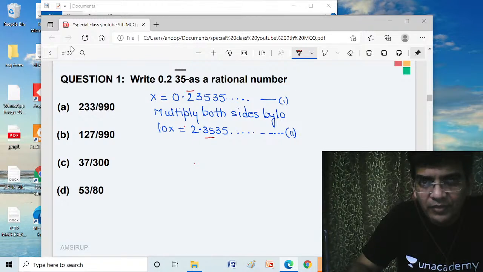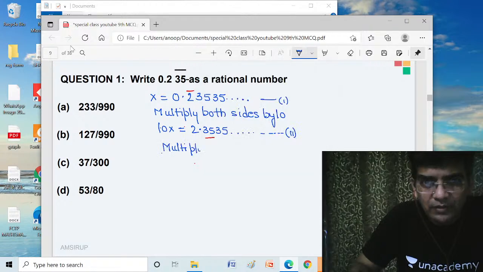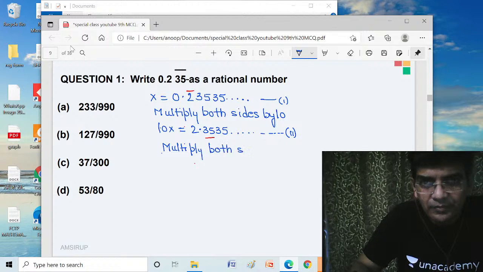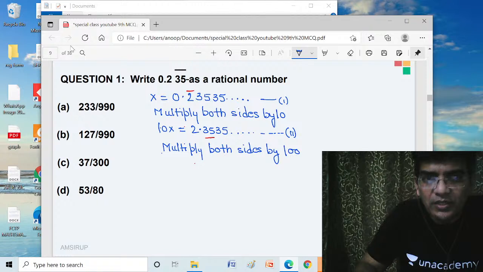How can it be done? For that I will multiply both sides by 100. Why by 100? Because now two terms are getting transferred, so I will multiply by 100.